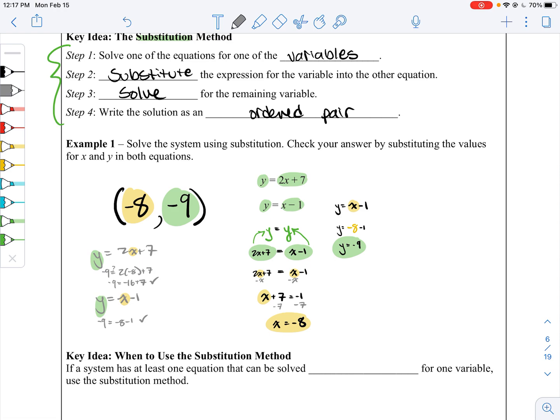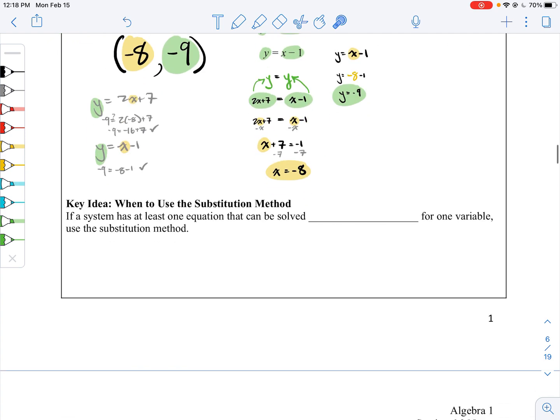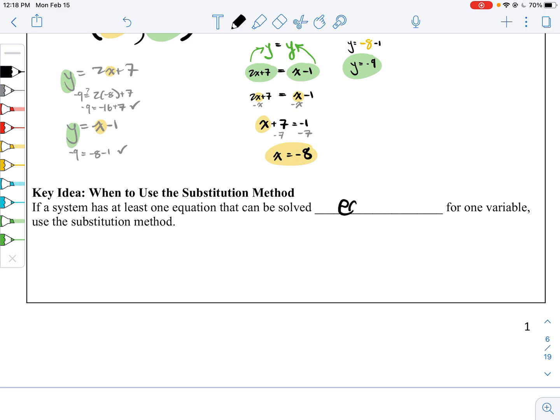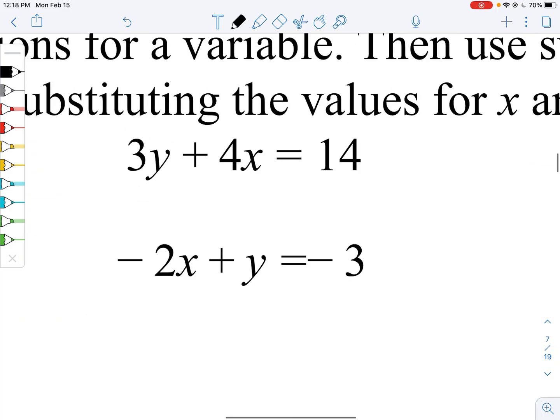Good job. Now this one was pretty straightforward because both of the equations were already solved for y. They already had y all by themselves. Sometimes you don't have that, but you can have an equation that can be solved easily for one of the variables. If that comes easily to you, you can use the substitution method. For example, in this case, we don't have something solved for y or for x.